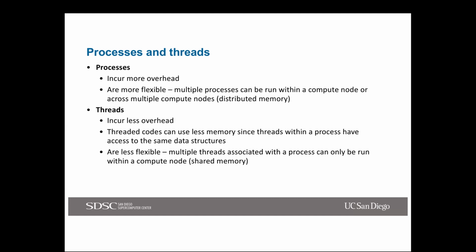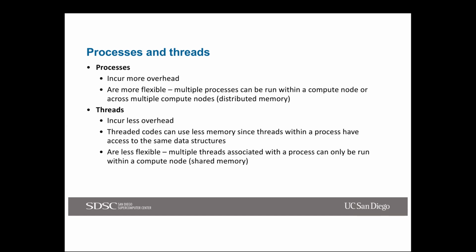You can run multiple processes within a single node, but if you're running a parallel application across multiple nodes, it requires running multiple processes across the nodes and doing inter-process communication between them. That's what we're going to talk about with MPI in this distributed memory model.